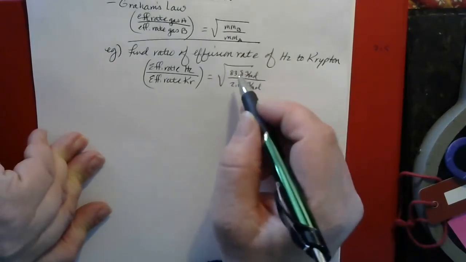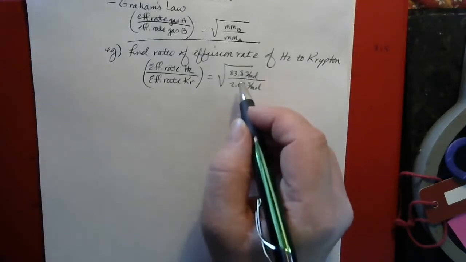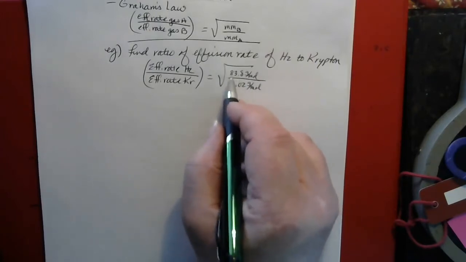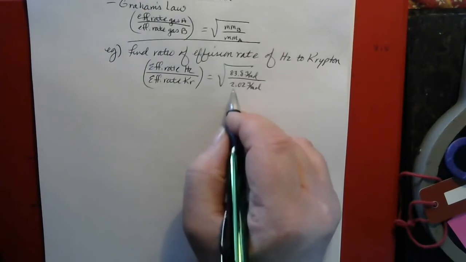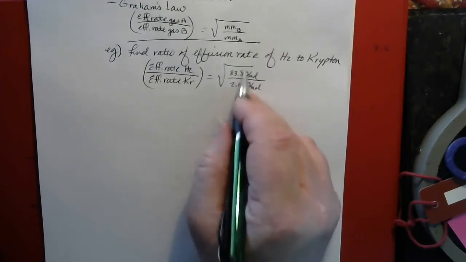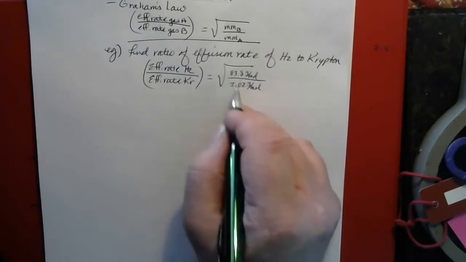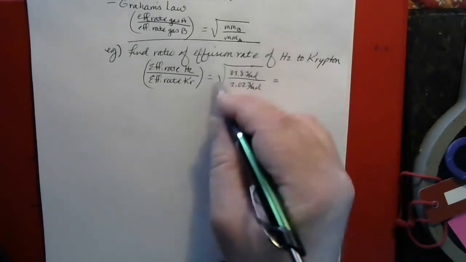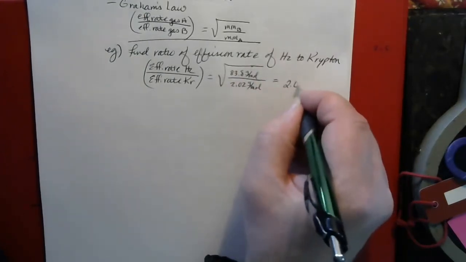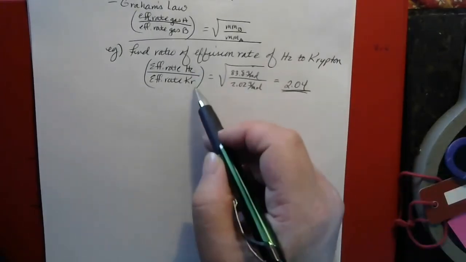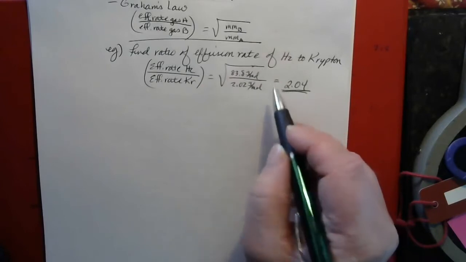If you change these to kilograms per mole, 83.8 would be 0.0838, and 2.02 would be 0.00202. But that ratio would come out to be the same as the ratio of these two numbers. And when you take the ratio and then take the square root of it, you get 2.04. So hydrogen effuses at about twice the rate of krypton.